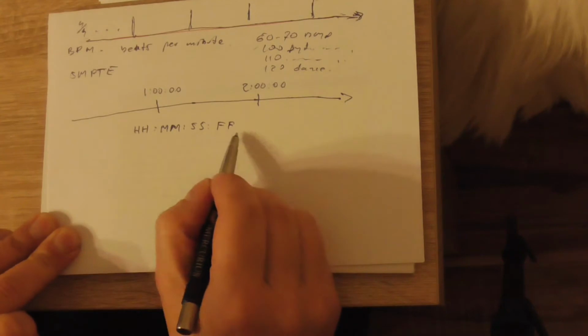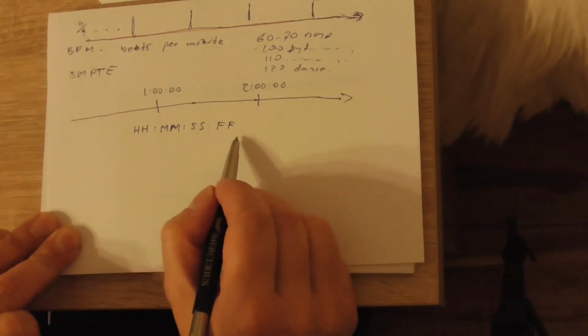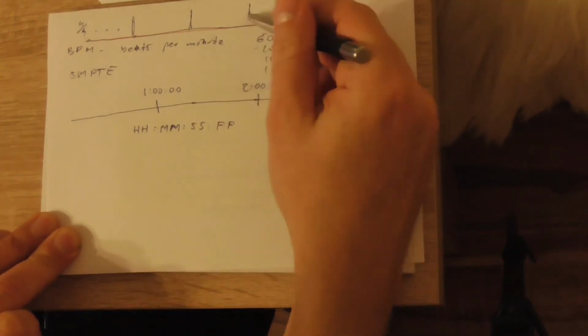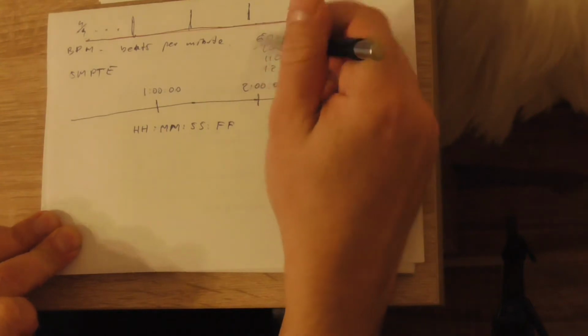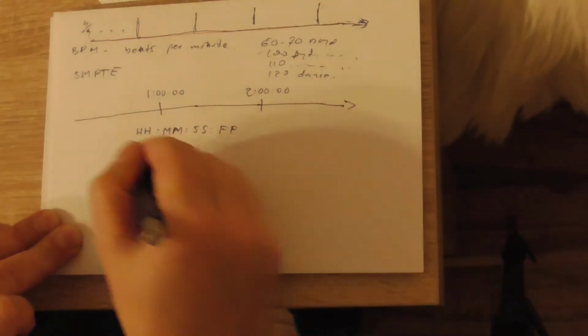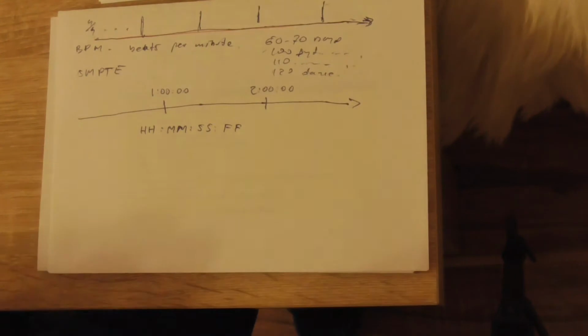So that's your time code in a Tascam. It's nothing connected with a measure, but I will explain how to transfer this code into measures and such. So let's get into it.